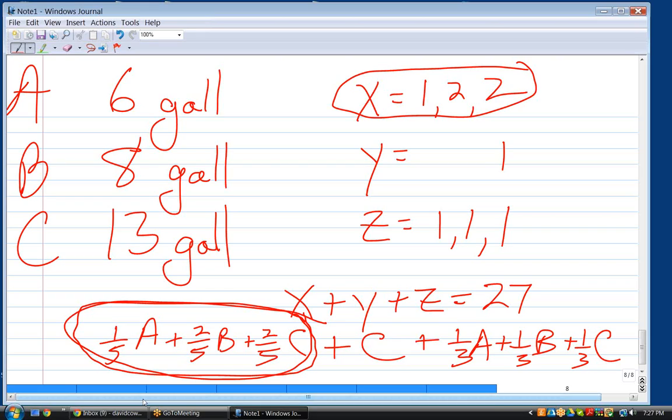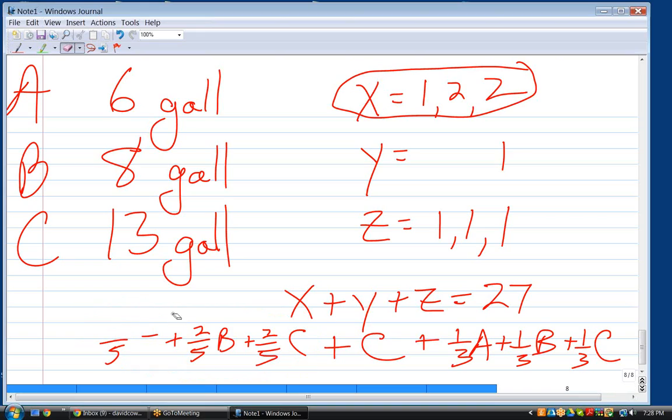Let's see. X plus Y plus Z has to equal 27 gallons. And 1/5, aha! Let's go back.